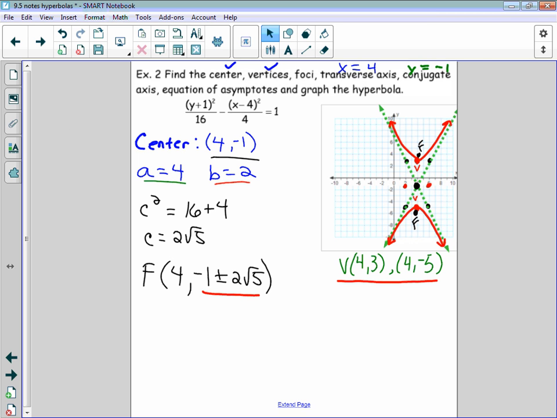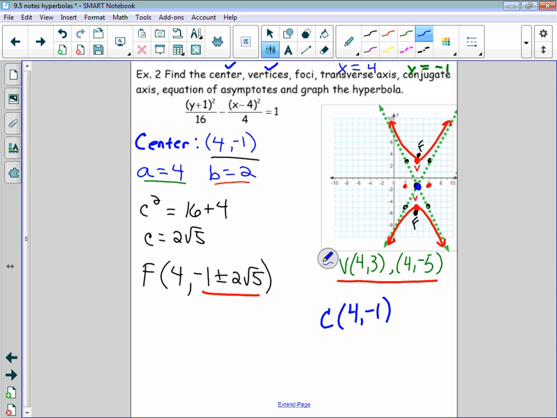So the only other thing that we have to talk about then is the equation of the asymptotes. All right. What point do the asymptotes have in common? They have the center in common, right? They have 4, -1 in common, right? Okay. And then to find the slope, again, it's just going to be a ratio of a and b, and it'll be plus or minus. One asymptote will have a particular slope, and then the other one will just be the negative version of that. All right.